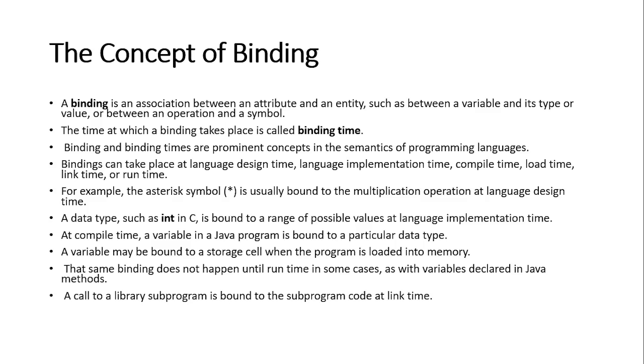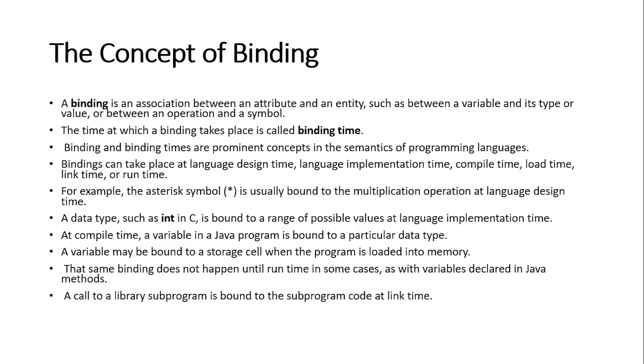A data type such as int in C is bound to a range of possible values at language implementation time. At compile time, a variable in a Java program is bound to a particular data type.